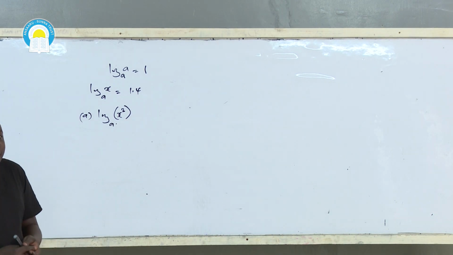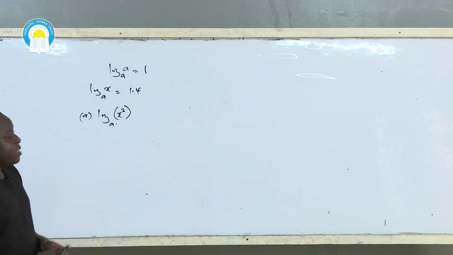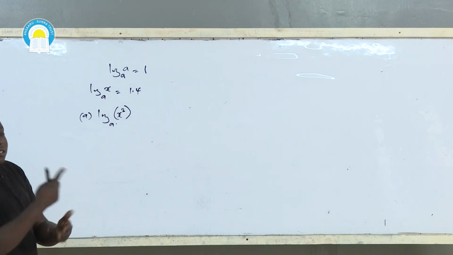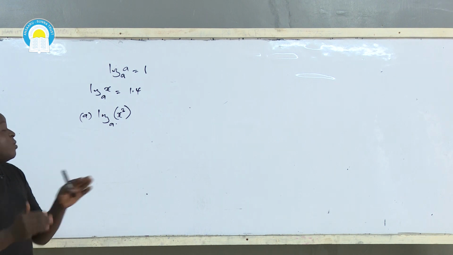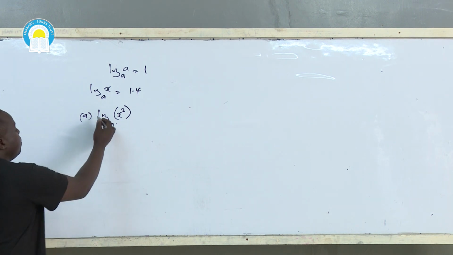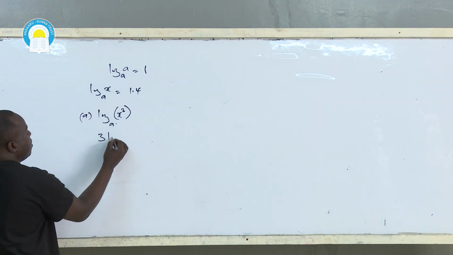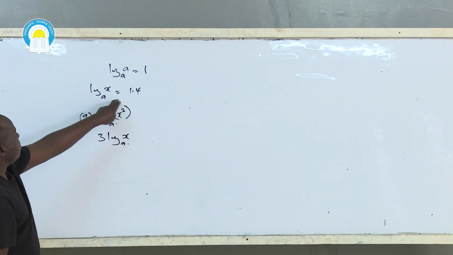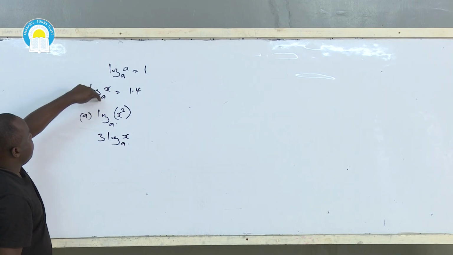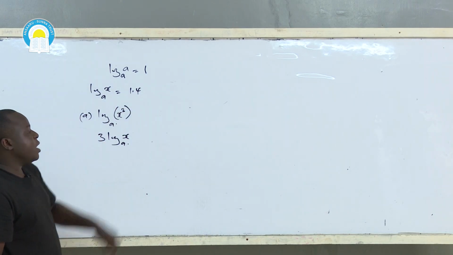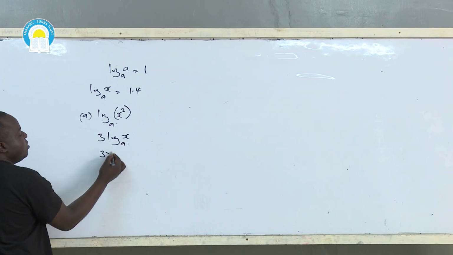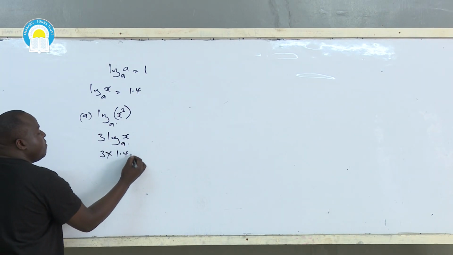So look at that. Anytime there are powers, think of the third law. You have to always write these values as coefficients. That's how to simplify these things. So this statement can be written as 3 log x base a. But according to this statement, log x base a is equivalent to 1.4. So instead of this, I change that to 1.4.